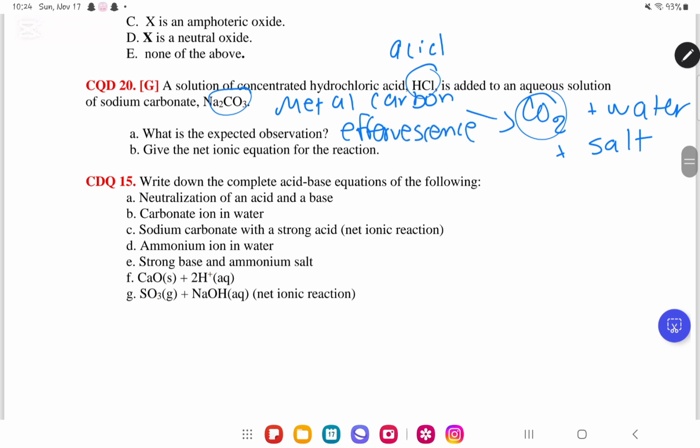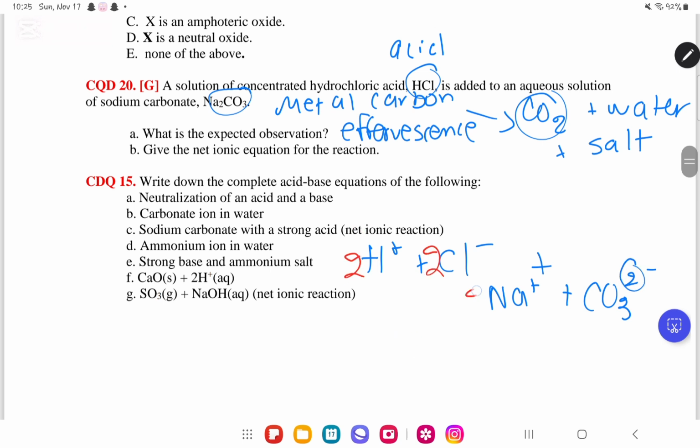Okay? The net ionic equation, this is how we are going to do it. We're going to take each ion as it is: H+ Cl- plus Na+ CO3 2-. Now, of course, we have to balance them all. They all have one ion, whereas this has two ions. So to make them all balanced, we're just going to put a 2 over here.